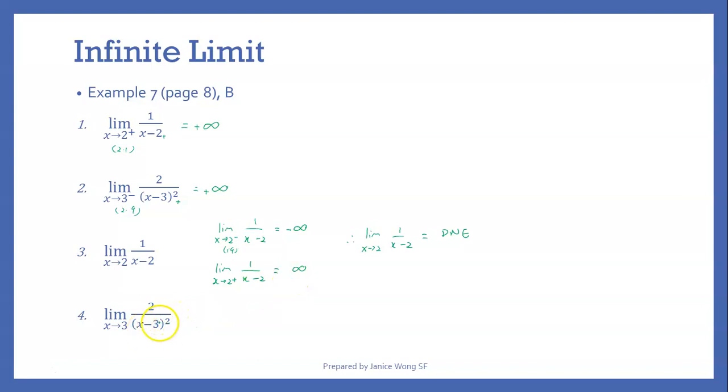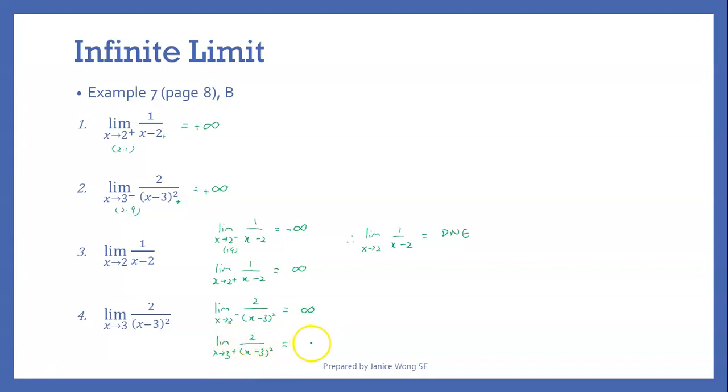Number 4, substitute x equals to 3 first, something over 0. This is two-sided limit, so we need to come up with the one-sided limits. So for the first case, we have done it in question 2. It is positive infinity. Let's check for the second case. Substitute x equals 3, we know that this is something over 0 case.